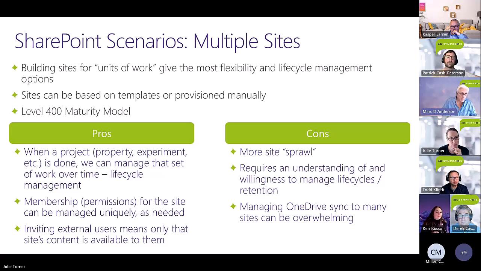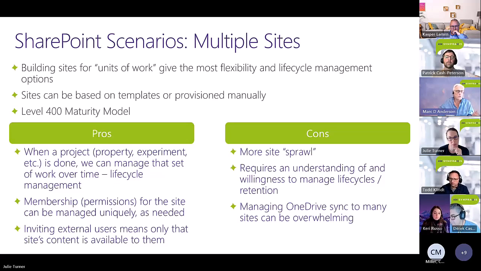So you still have the documents library, and if it's any site, you can have additional libraries. But then we're thinking now about multiple sites. When we try to jam all of our activity into one site, we end up with some of the problems that the others have talked about.